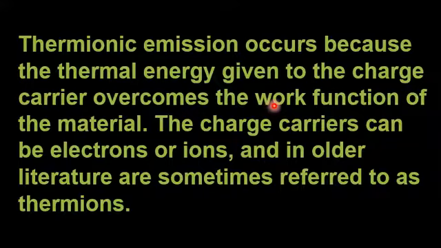The work function is the minimum energy which binds the electron with the surface of the metal or with the surface of the solid. So the electrons are basically bound to the surface of the metal because of the work function, because of the minimum energy.